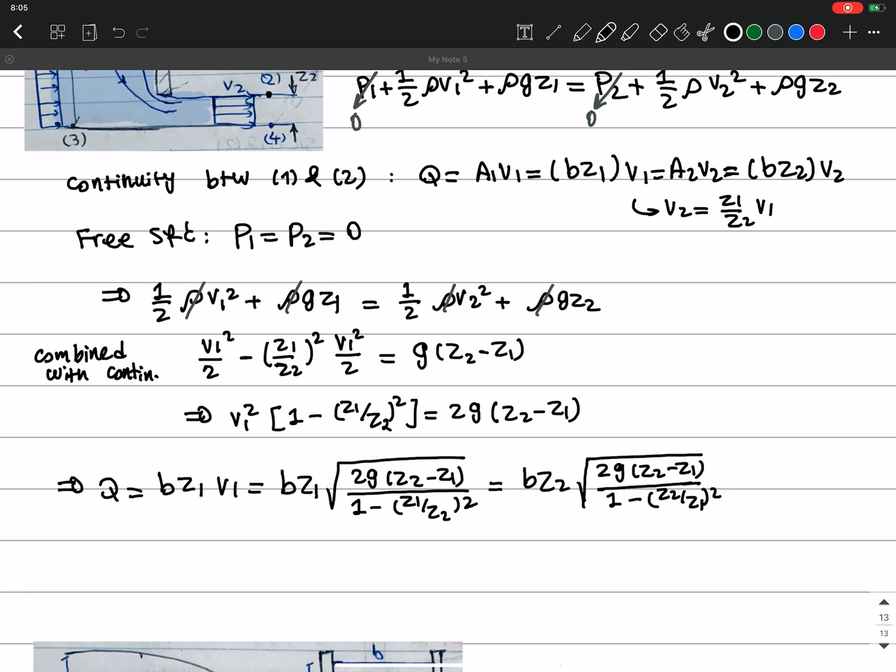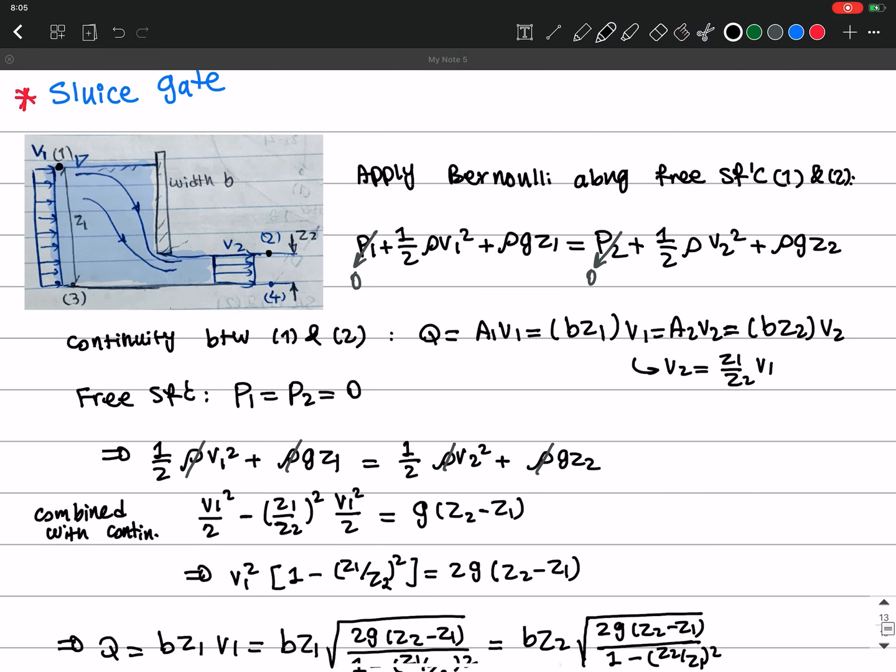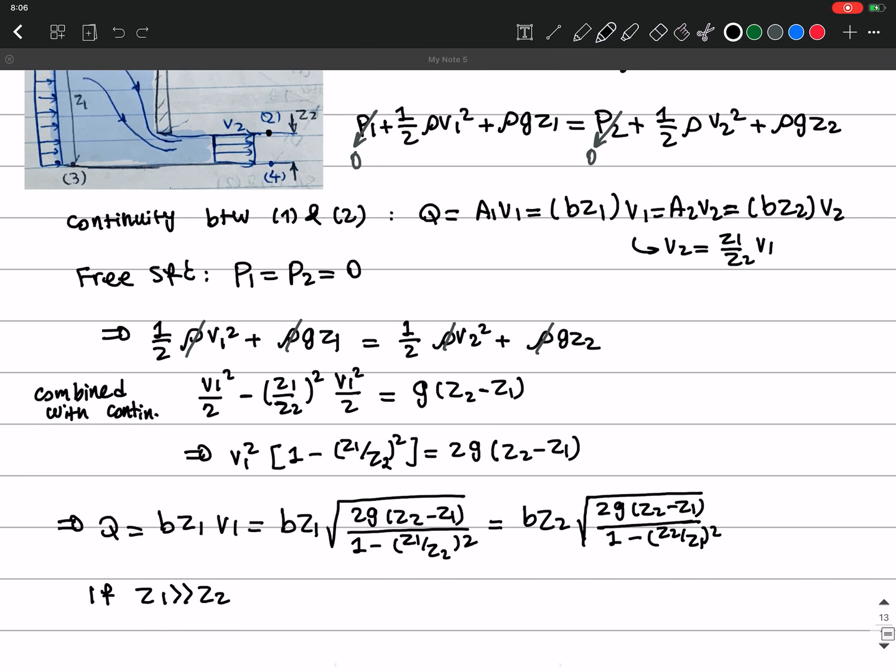So if we assume that Z1 is much greater than Z2, that means the depth of the water before the slice gate is much larger than how much we open the gate, Z2. So we slightly open it, not too much. Then we can assume that this term here is going to be 0.